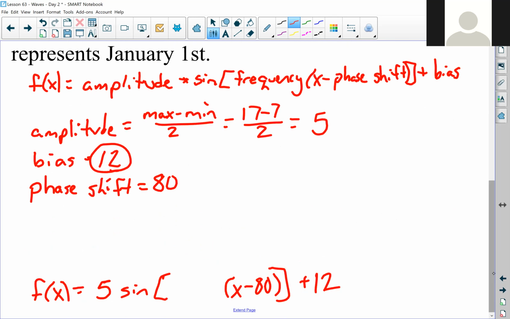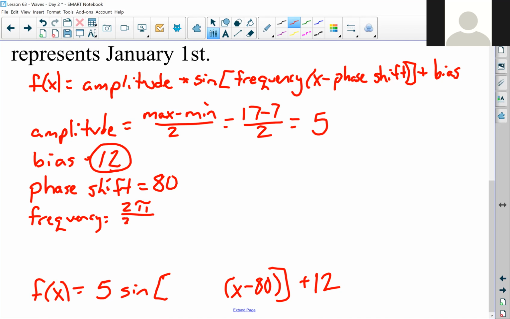And the frequency is always going to be 2 pi divided by how long it takes us to go through one sine curve. In this case, it takes us a whole year.